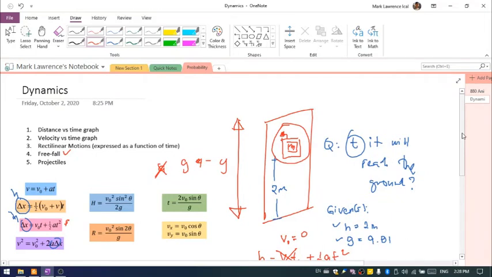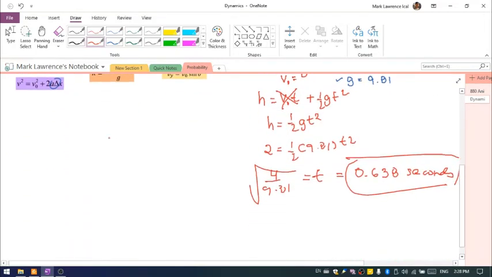Now that's free fall. How about we step up a little bit? Let's say that you are at the edge of a building.